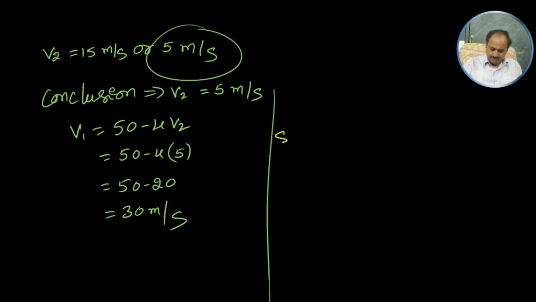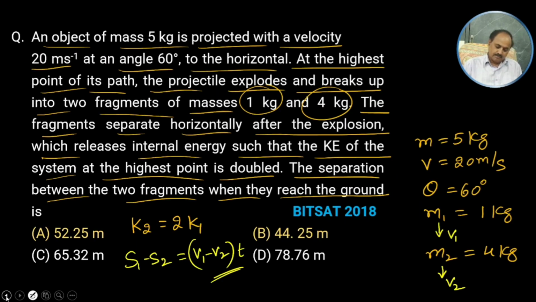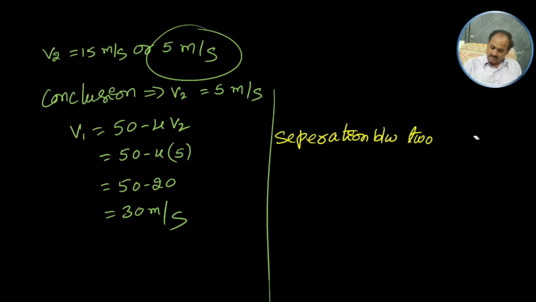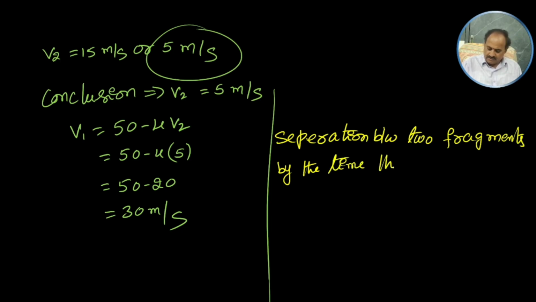Therefore, the separation between the two fragments by the time they reach the ground is equal to V1 minus V2 multiplied by time.